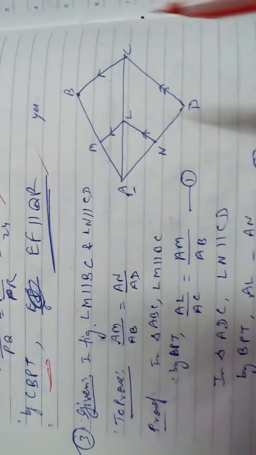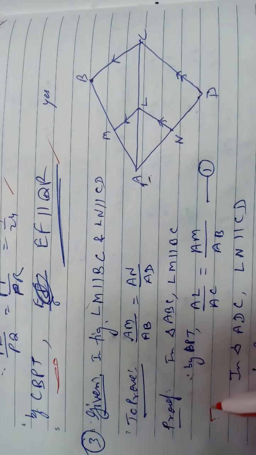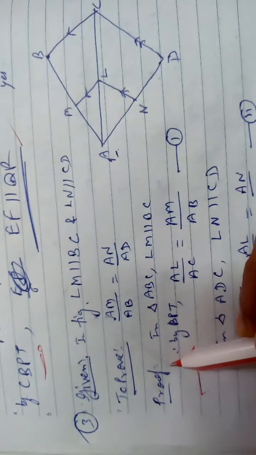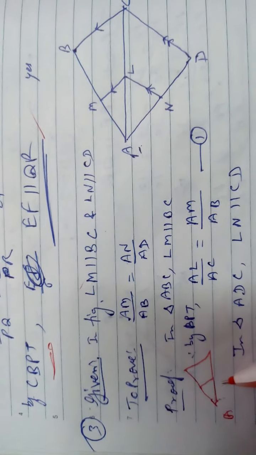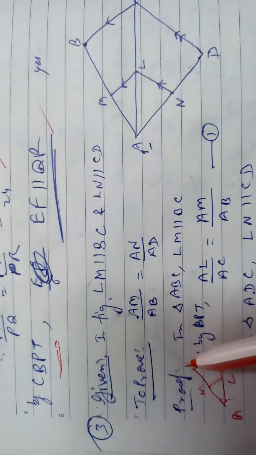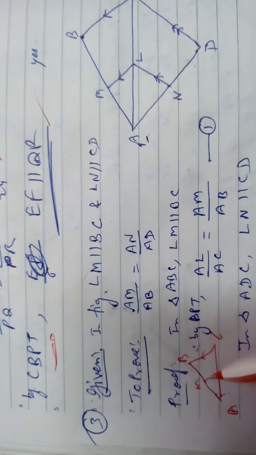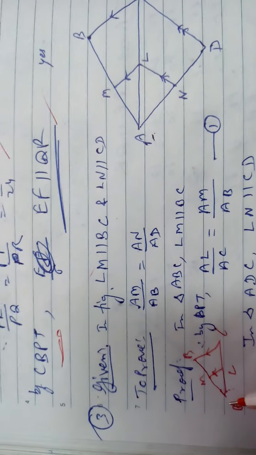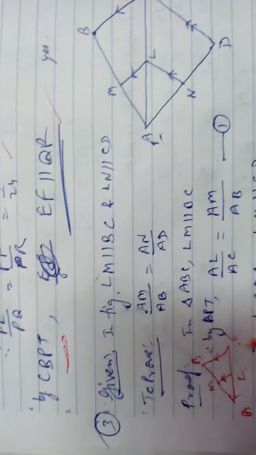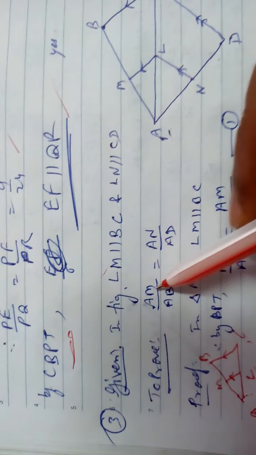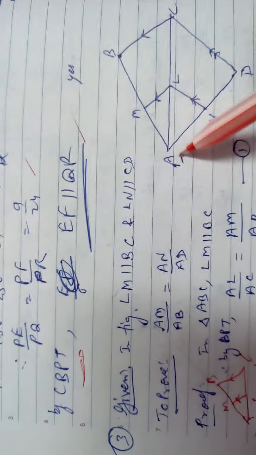So here first of all in this case you will get only this triangle. What is given? This part. A, L, M, B, C. These two are parallel. So by BPT, AL upon LC. You want AM upon AB, so don't write AM upon MB.